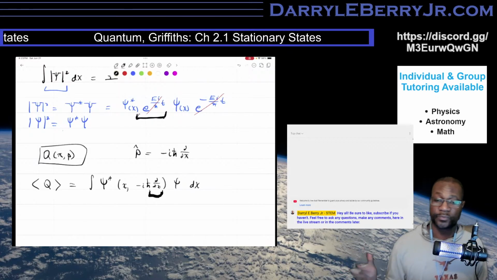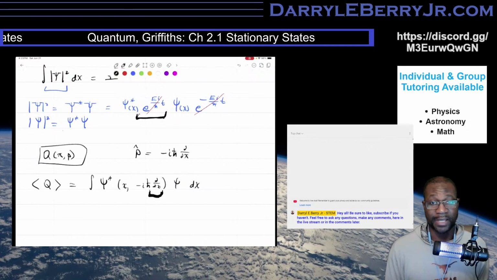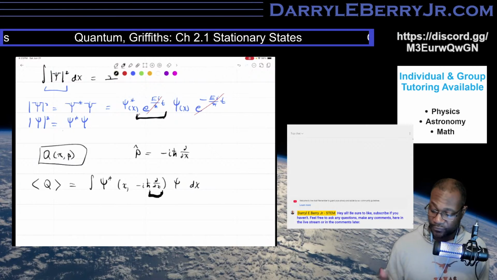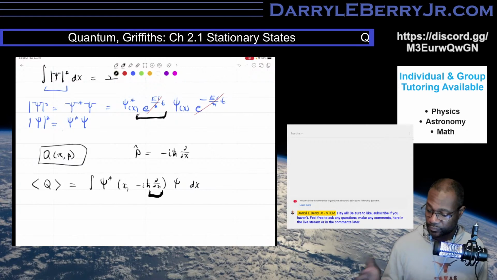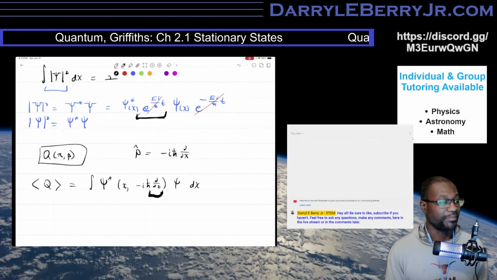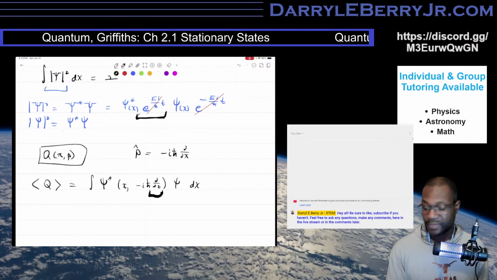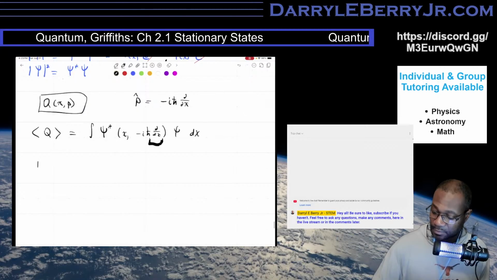So the two exponentials will still multiply by each other and come out as one. Therefore, the expectation value is time independent as well. So what that means is, as the book states it, every expectation value is constant in time.